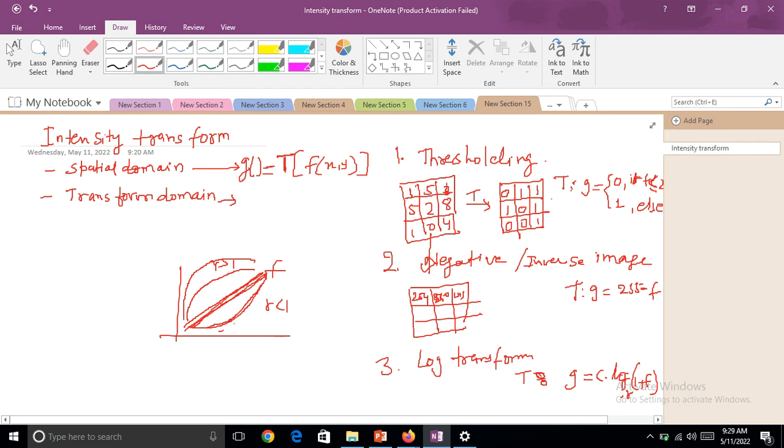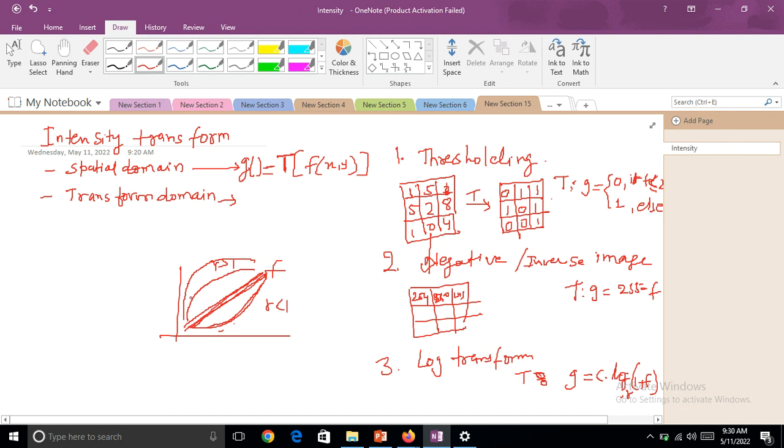That is sometimes called stretching, or contrast stretching.